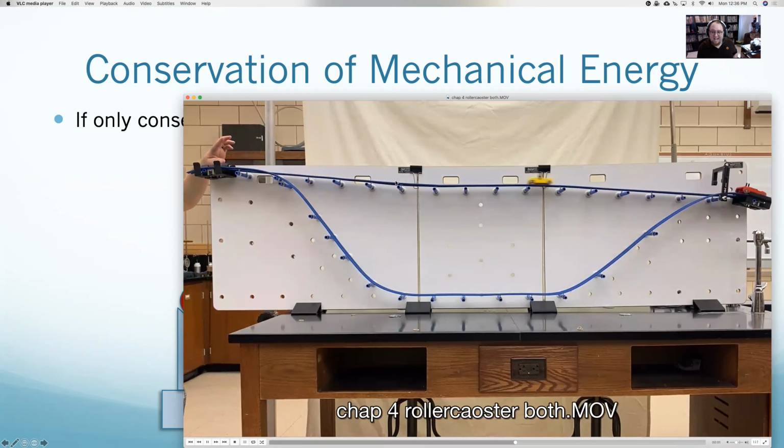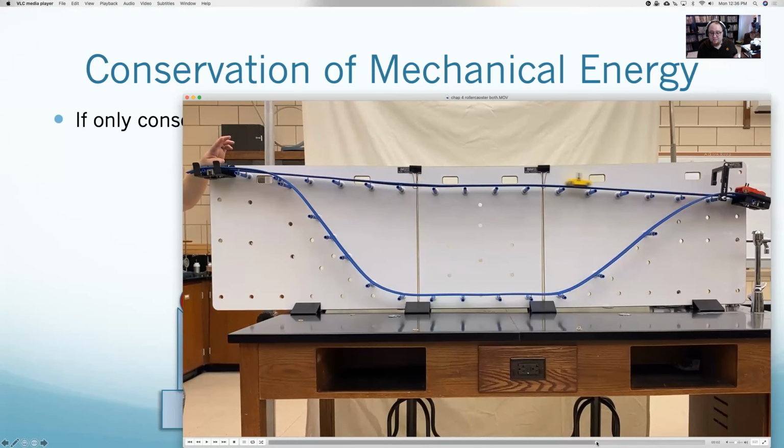That means at the end, they had the exact same velocity. At different spots, they'll have different velocities, and they took different times to get there. But conservation of energy says as long as there's no friction, and this thing is nearly frictionless, they have the exact same velocity at any given height.